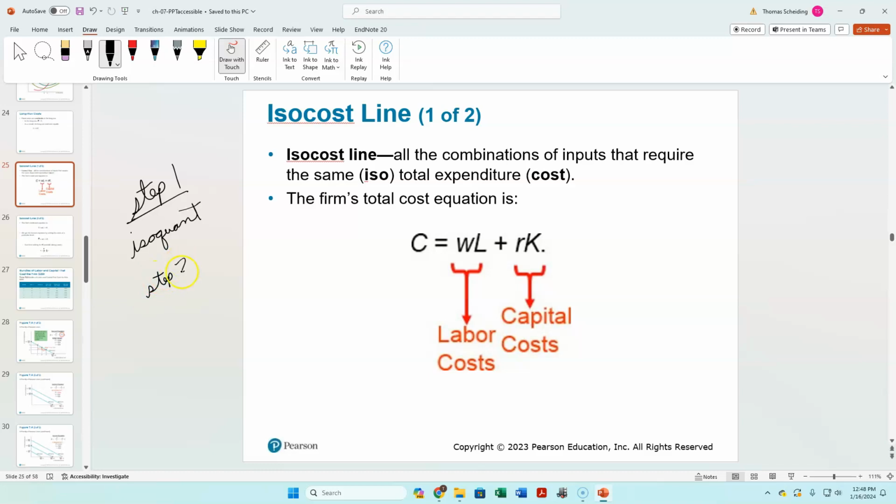Now here in step 2, we're looking at the iso cost line. This isoquant is the equivalent for the consumer of the indifference curve, and in step 2, this is the equivalent of the budget constraint.